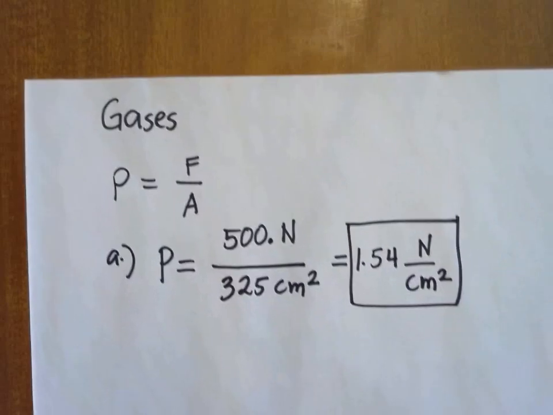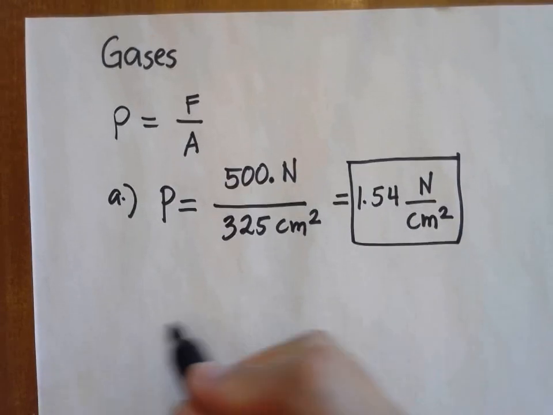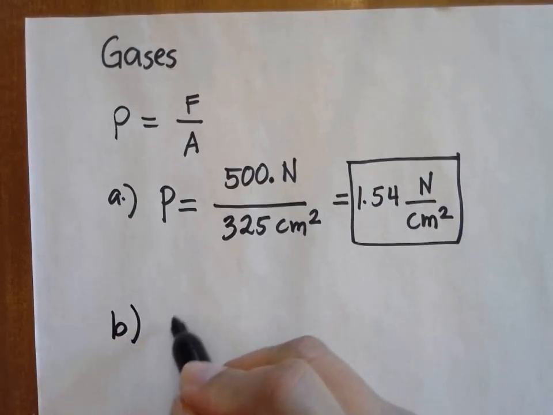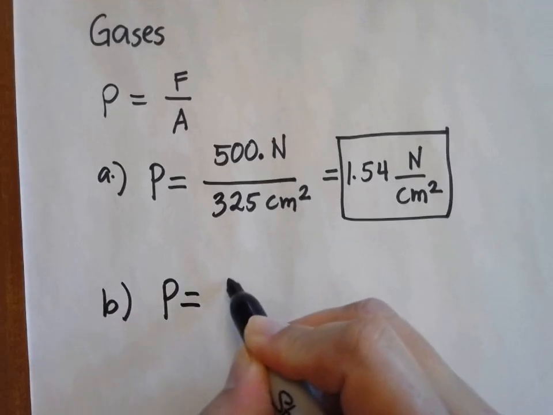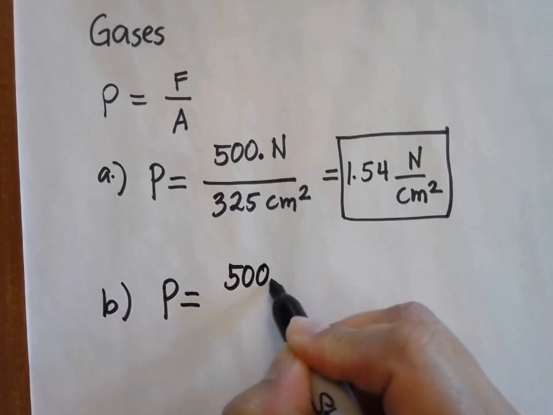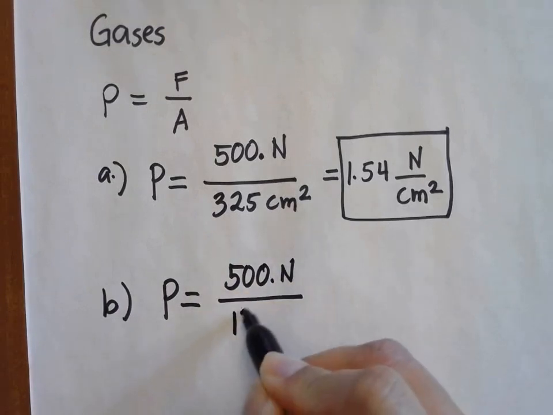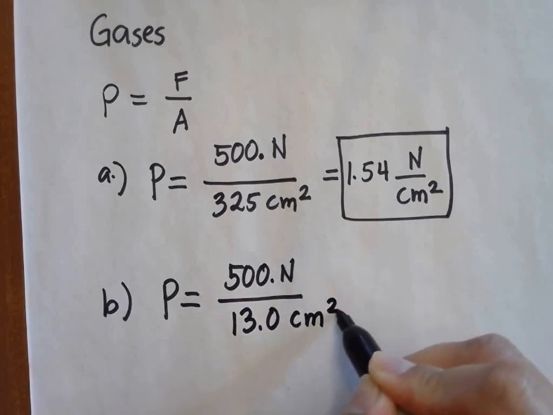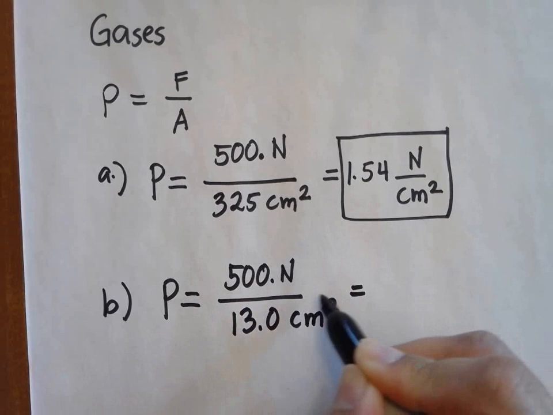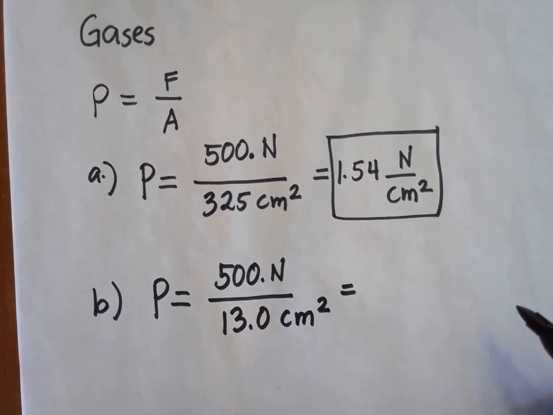Alright, so another example. For the second picture, the area of contact is lesser. So, again, pressure is equal to force over area. The force is the same. It's still 500 newtons. Divide that by 13.0 cm squared. Again, I'm just adding a 0.0 because I want three significant figures for the final answer.